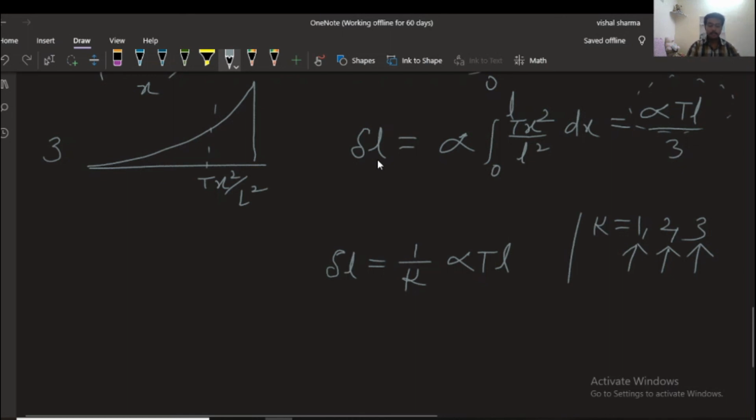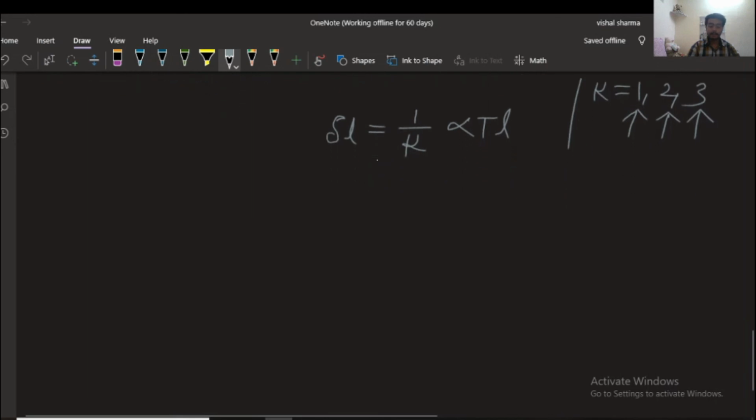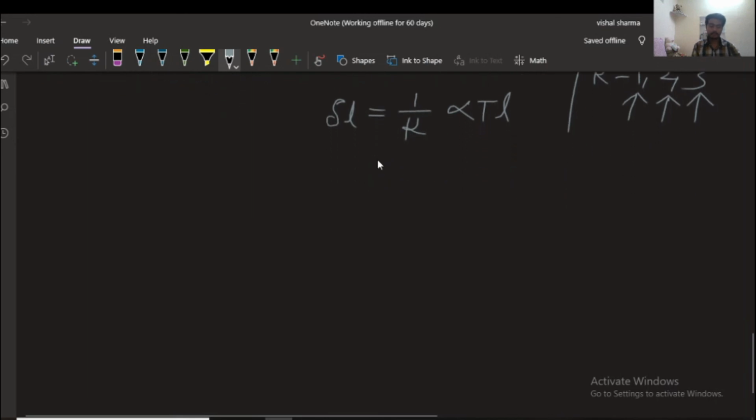Now we are moving to case number 2, when there is a completely restricted expansion.